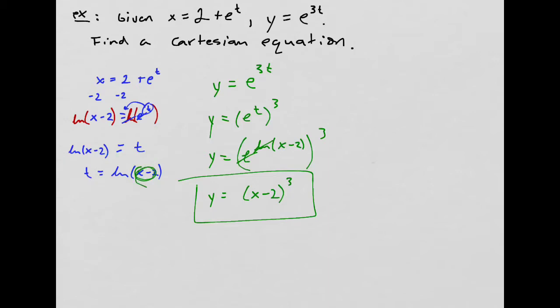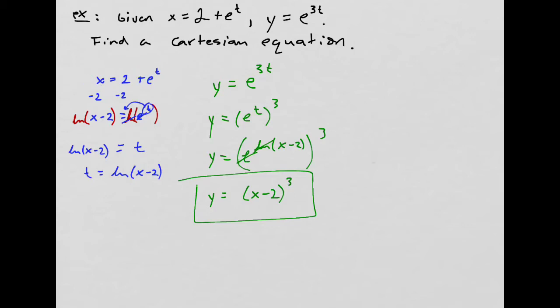It restricts my x values for the parameter t. I can't have any x values that are less than 2, because then it would get a negative on the inside of the natural log. Nothing will come out that's less than 2, no matter what t value, negative or positive.